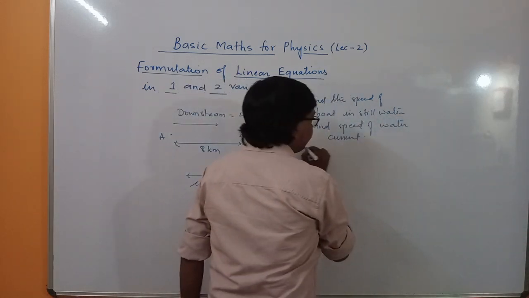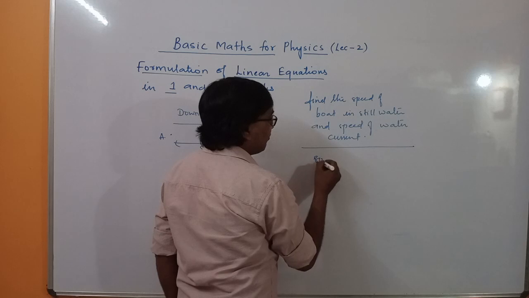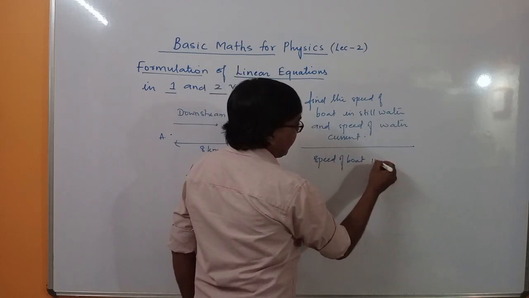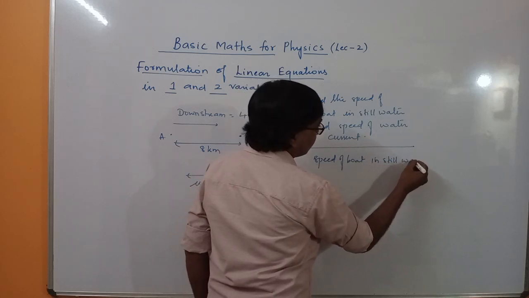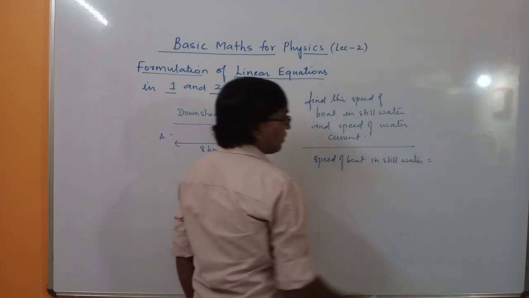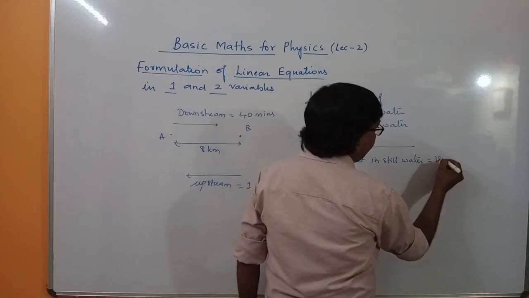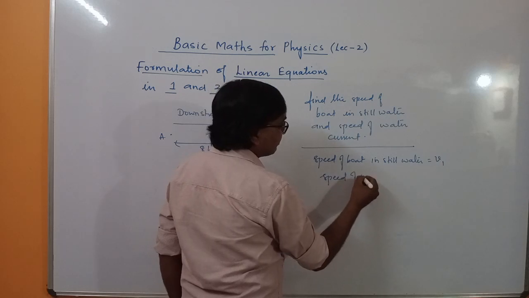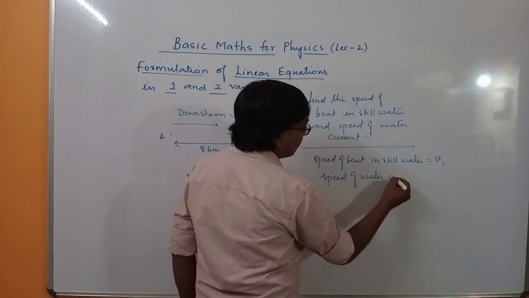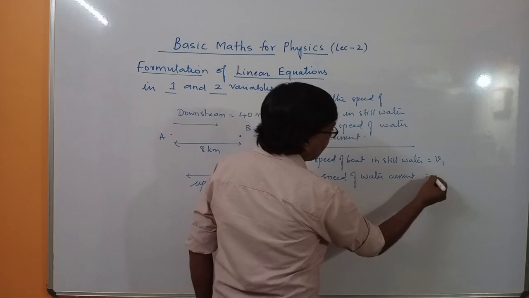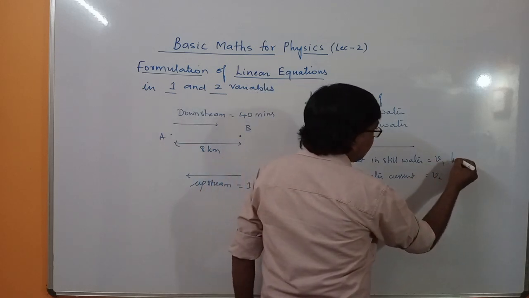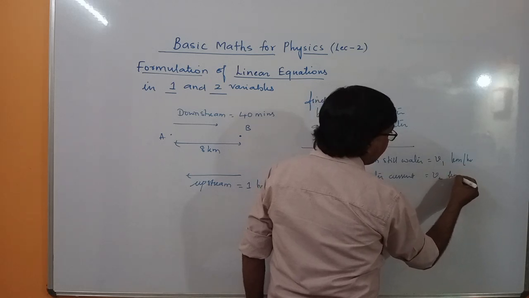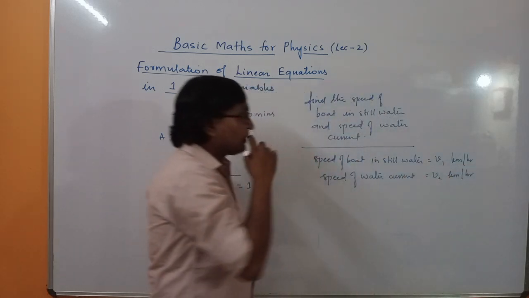So speed of boat in still water is, let us say, V1. Then speed of water current is equal to V2. That is in kilometers per hour.